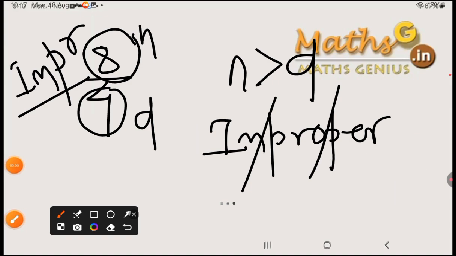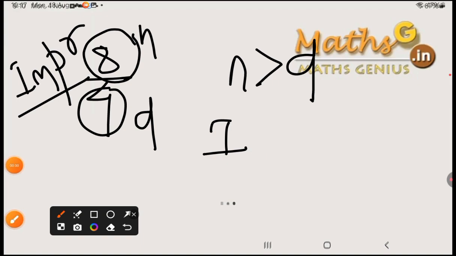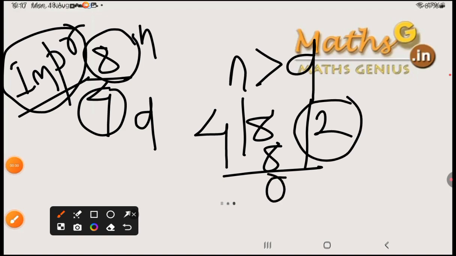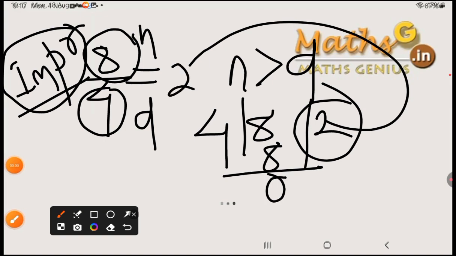Coming back, we were talking about the fraction 8 by 4. What type of fraction is it? Improper fraction. So, simply you do a division, 8 divided by 4. 4 2's are 8. So, the result of 8 by 4 is nothing but 2.